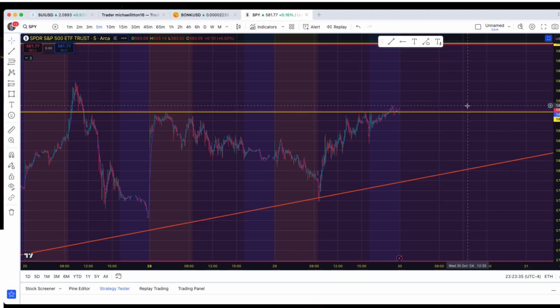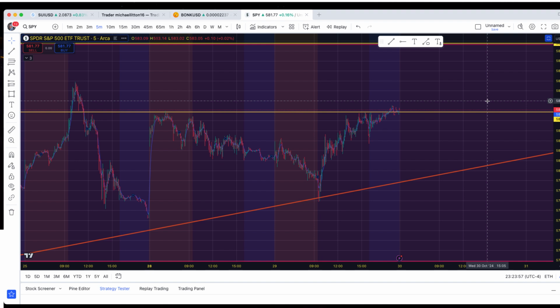So if the SPY is trading at 583, I'd probably be buying a 584 call if I was going long. Close, maybe a 585. Just depends on your position size. I tell people too, a lot of times, if you're not used to trading options yet, don't trade with a lot of size.